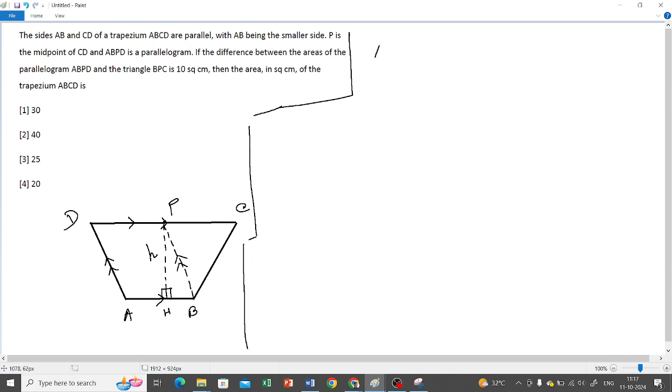What is the area of ABCD? What is the area of a trapezium? Half into sum of parallel sides into height. That means half into AB plus DC into height.